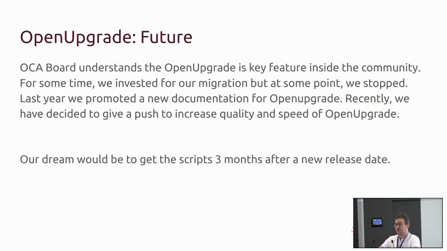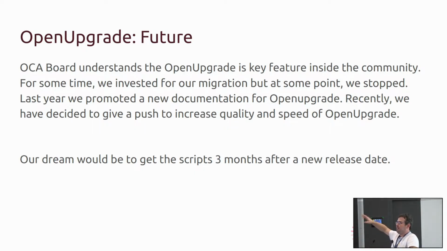Also, this year, as you saw, we have decided to assign some budget to it, also for doing the 17 migration scripts and starting the 18. Because at the end, that's what we want. And our dream would be to get the scripts 3 months after the new release. That is probably a dream.